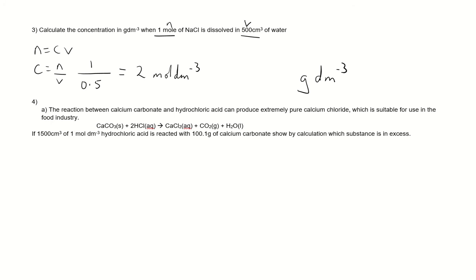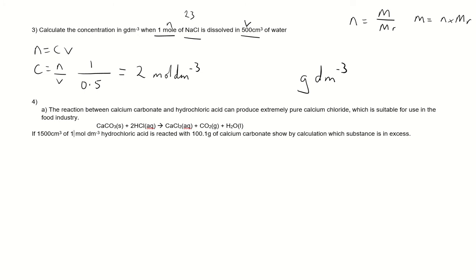What I need to do is change moles to mass. Now, to change moles to mass, all I do is moles times MR. So if I've got the concentration in moles per decimeter cubed, I'm just going to multiply it by the MR of NaCl.